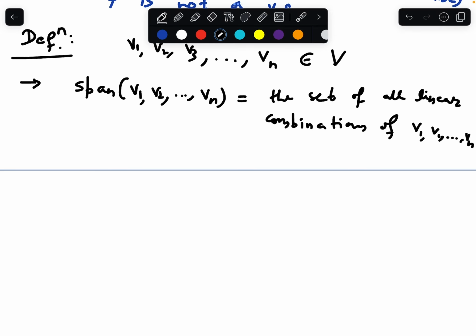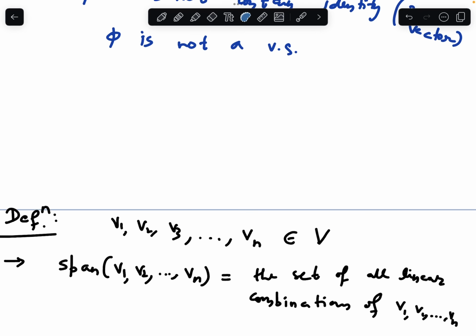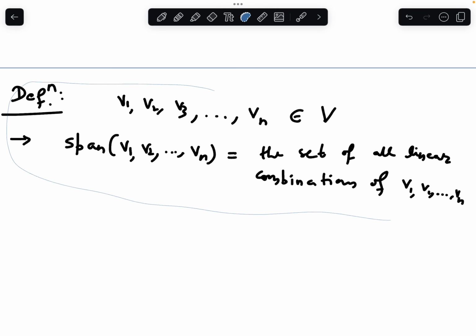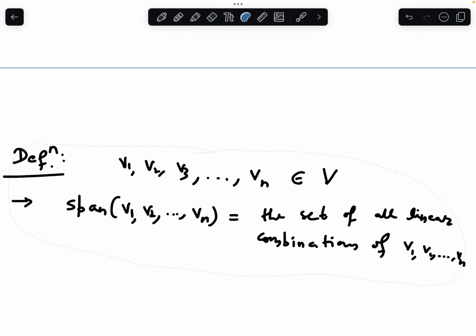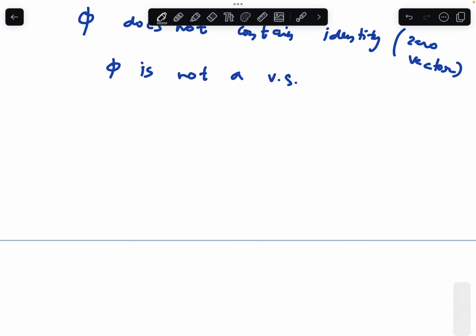Now, what is a linear combination? So let me explain that. Then we'll get back to this definition. Definition.